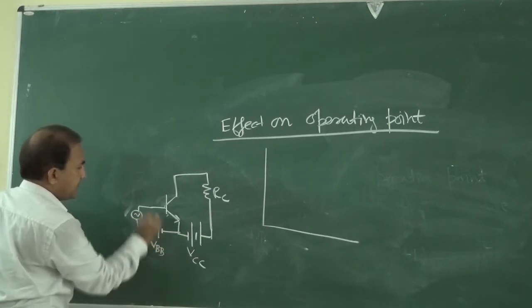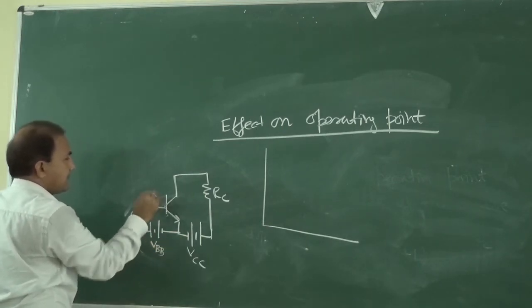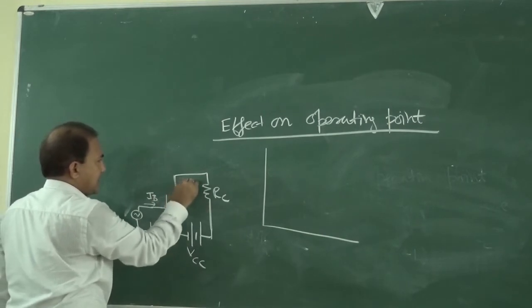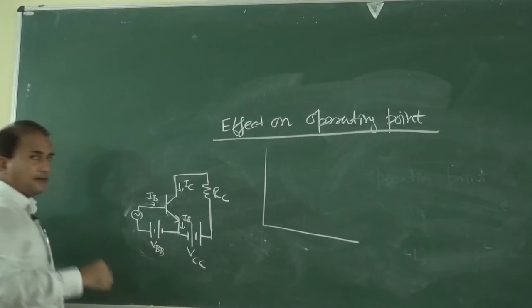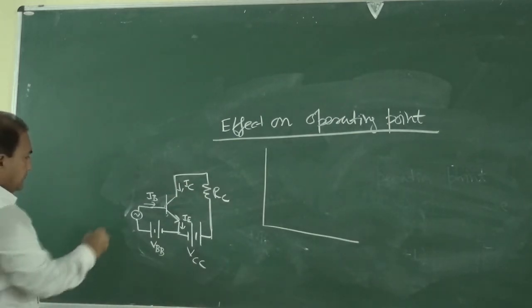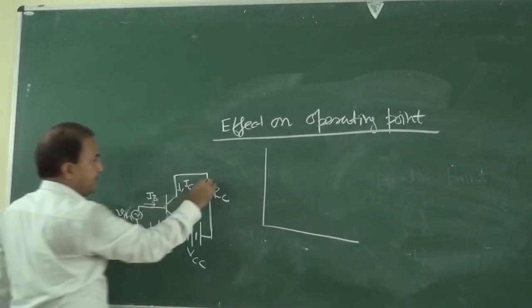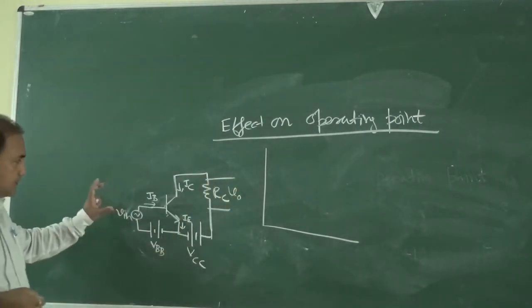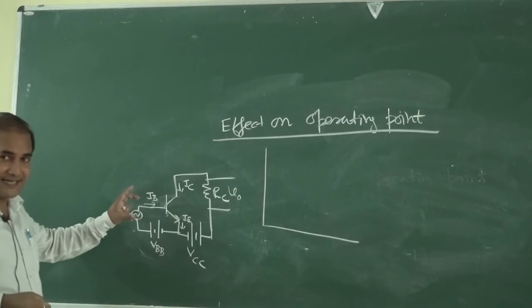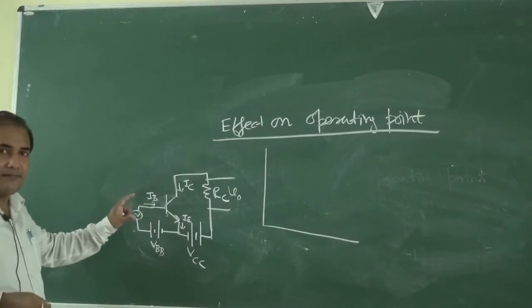This is VBB, IB. This is IC, this is IE. This is V in, and V output we are measuring across RC. This is the simple amplifier circuit.